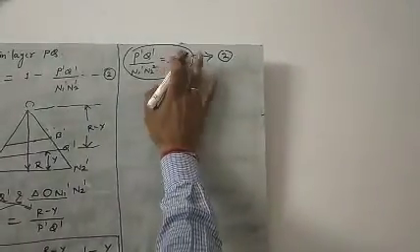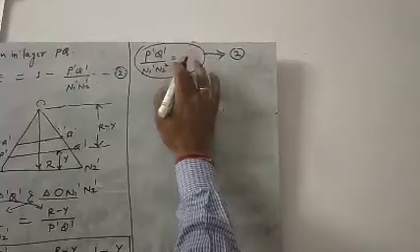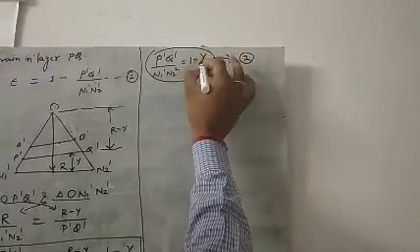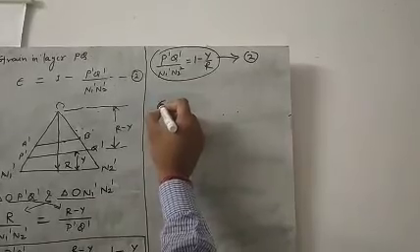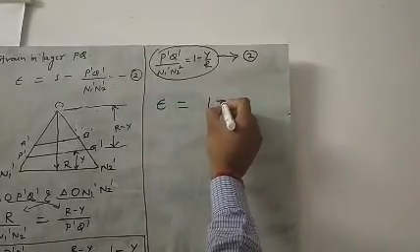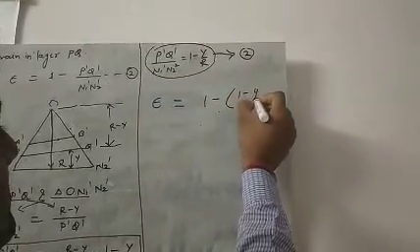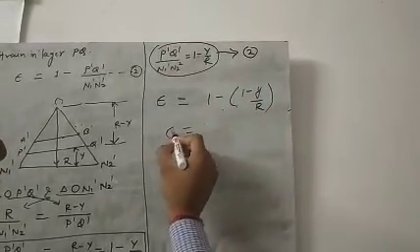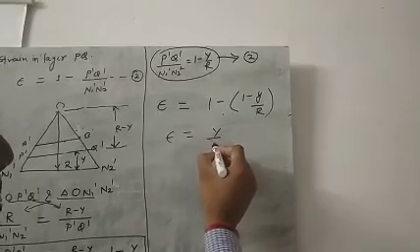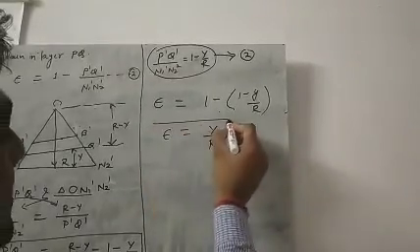Then there will be 1 minus, 1 minus Y upon R. The 1 will be cancelled out, then epsilon is equal to Y upon R.